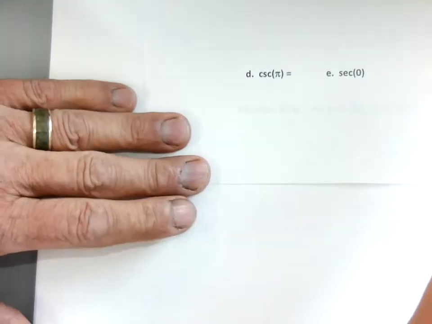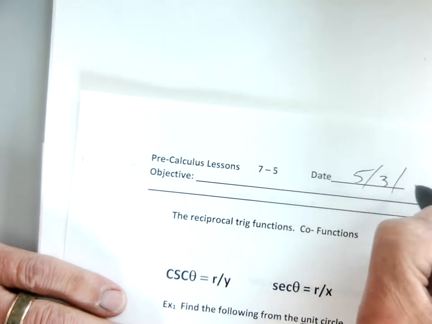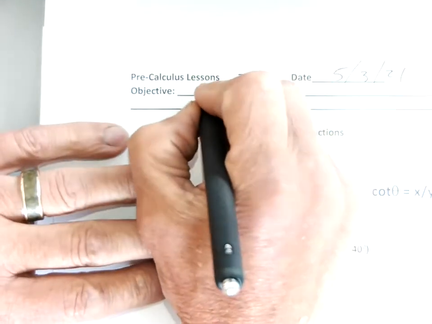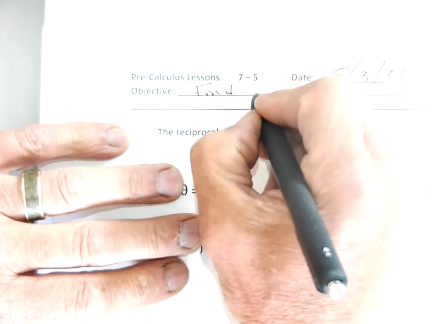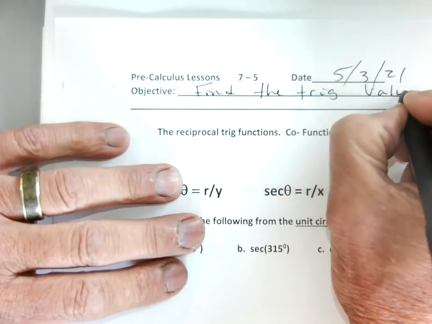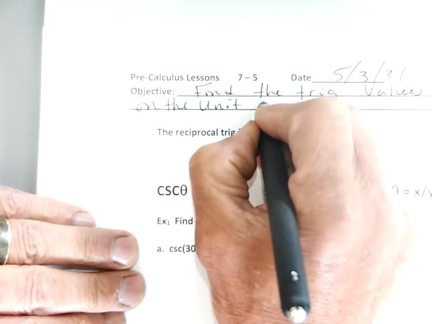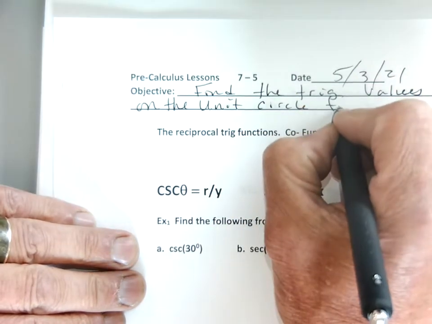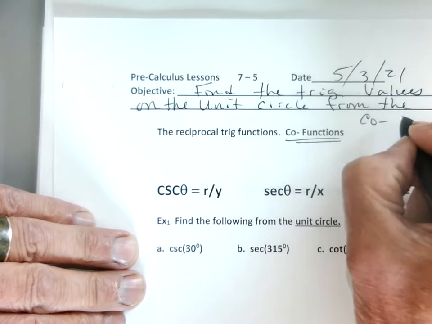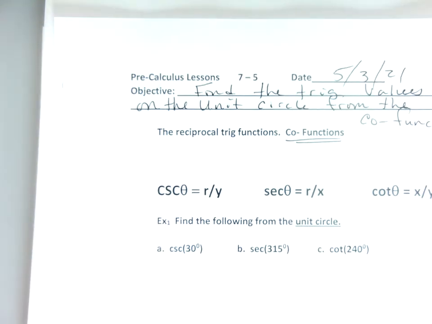So, let's go ahead, and today's date is 5/3/21. The objective today is really finding the trig values on the unit circle from the, we call them co-functions, okay?